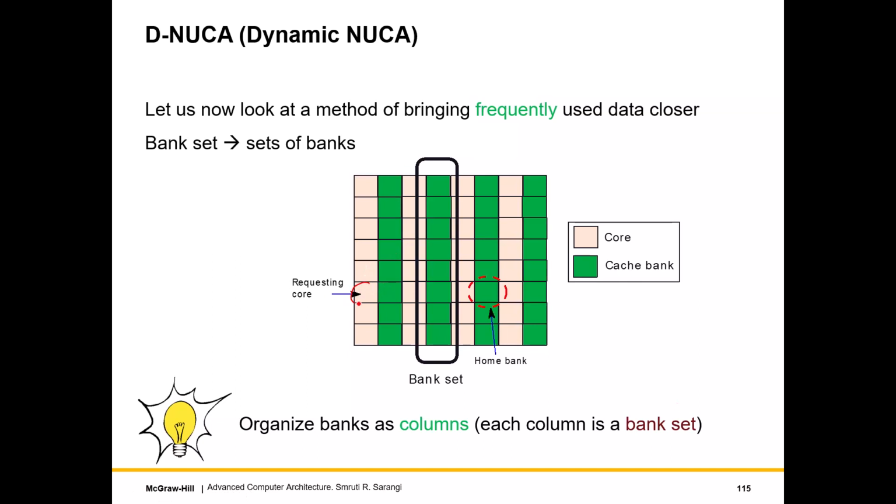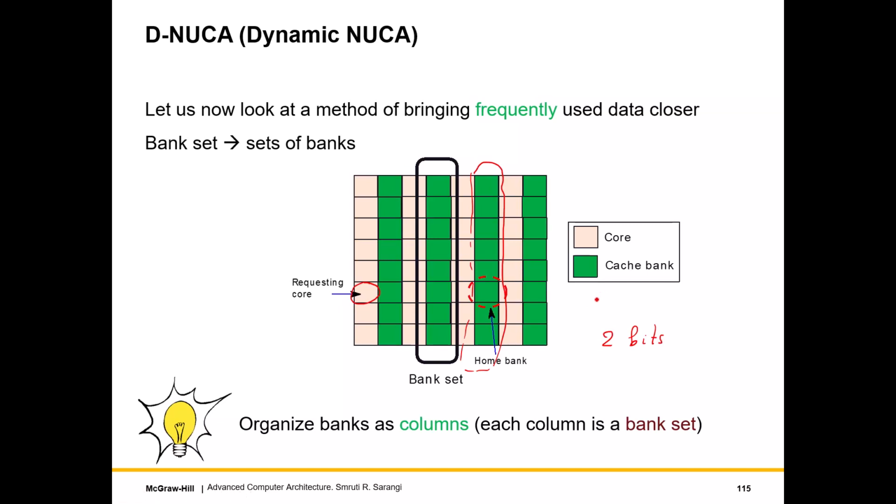So let this be the requesting core, and let it request for a bank that is actually there in this bank set, right? So as I said, each column is a bank set. So basically what we do is, if there are 4 bank sets, then we extract 2 bits from the physical address, right?